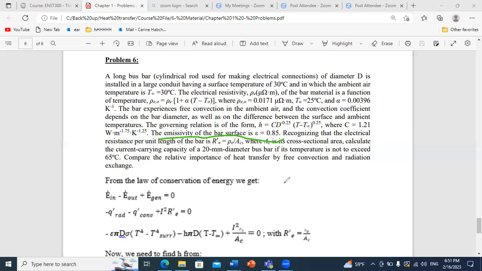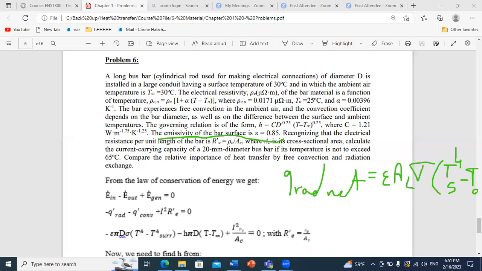And as we have seen in the course material, because you have the case of an object in a large enclosure, you can directly say that the net rate of radiation, Q radiation net, is equal to epsilon times the lateral area of the cylinder times the Boltzmann constant times T surface to the power 4 minus T air to the power 4.